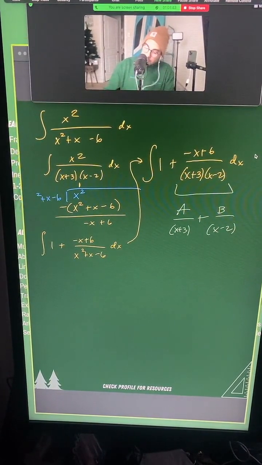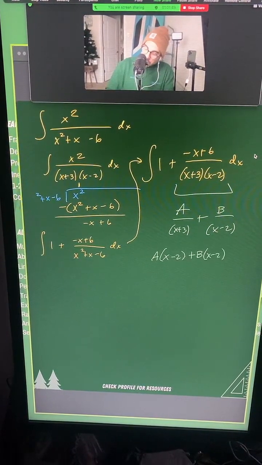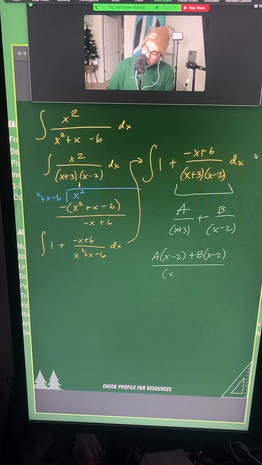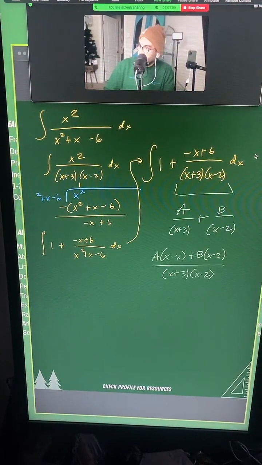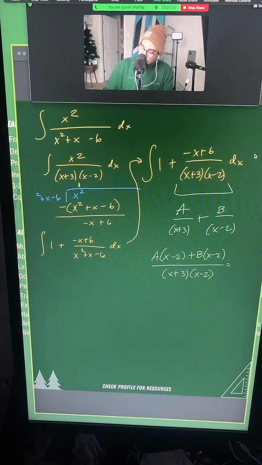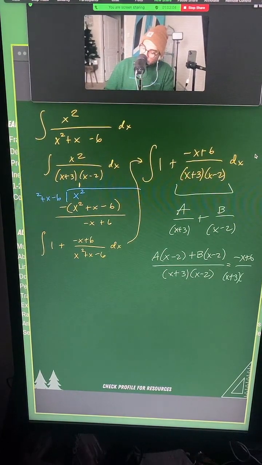And if we get common denominators, this will become a times x minus 2 plus b times x plus 3, all over x plus 3 times x minus 2. And this should equal negative x plus 6 over this factor.